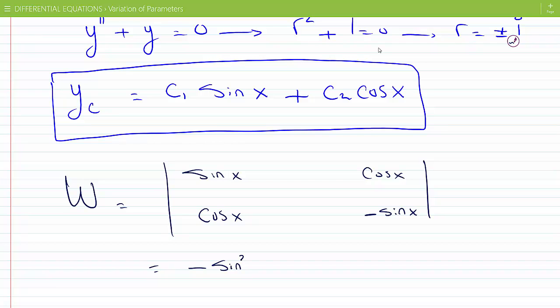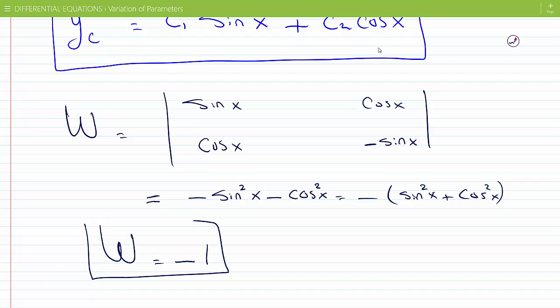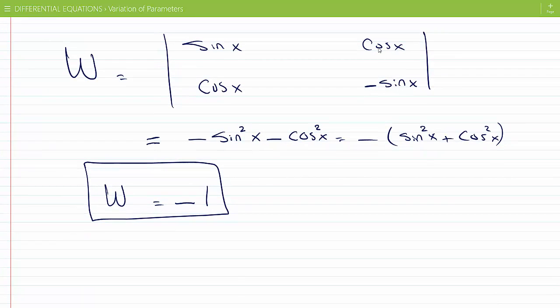So this is minus sine squared x minus cosine squared x, which is minus 1 times (sine squared x plus cosine squared x), which is minus 1. So we've got the Wronskian to be minus 1.